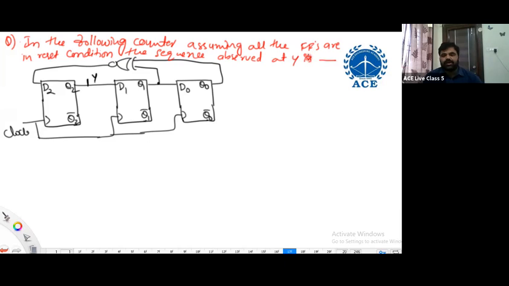What is asked here? What is the sequence observed at Y? Here it is Y. Only a one-bit sequence is asked. It is not the 3-bit sequence. It is only a 1-bit sequence. What sequence do we get at Y?